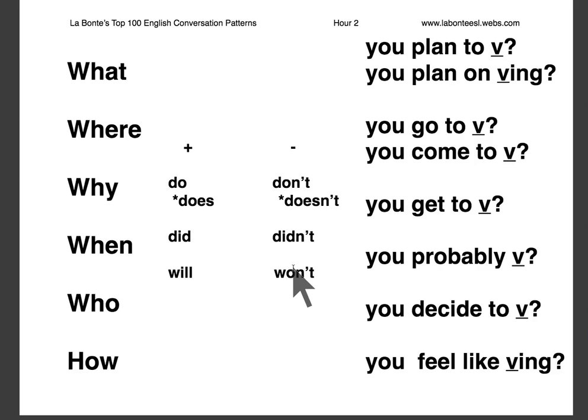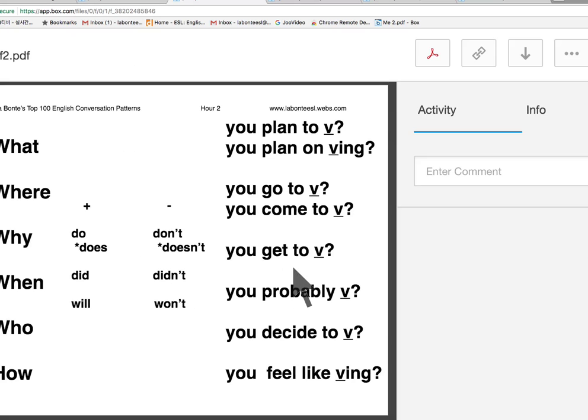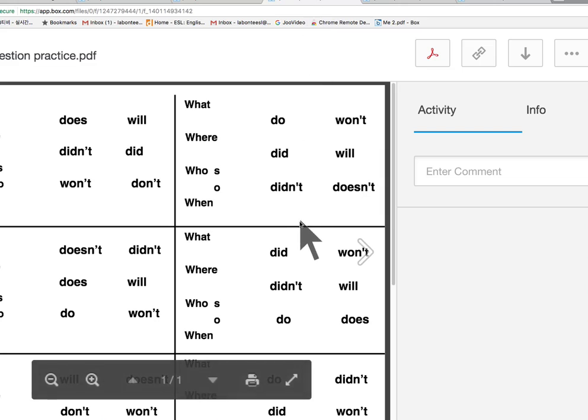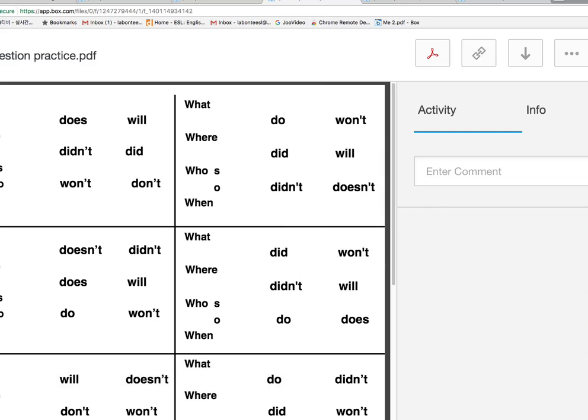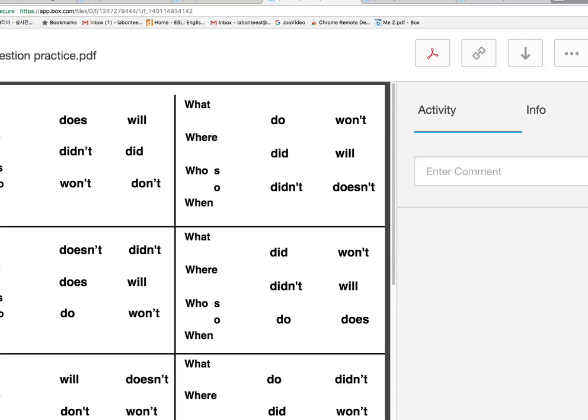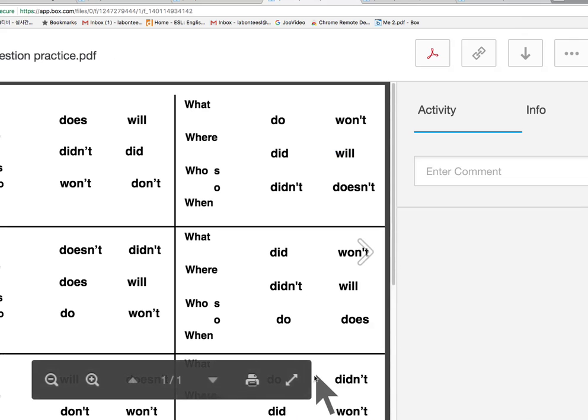So, what I do to try to enhance that is this. I have this, let me see, wait 1 second here.